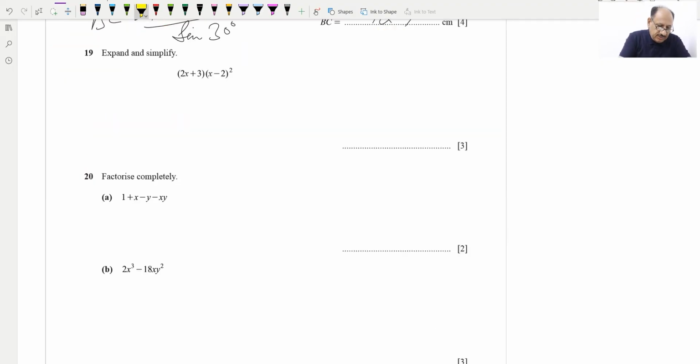Question number 19, expand and simplify. This is the algebraic expression given, which we need to expand and simplify. We can write the formula which we will be using for the (x minus 2) square portion only, the second portion: (a minus b) whole square is equal to a square plus b square minus 2ab.